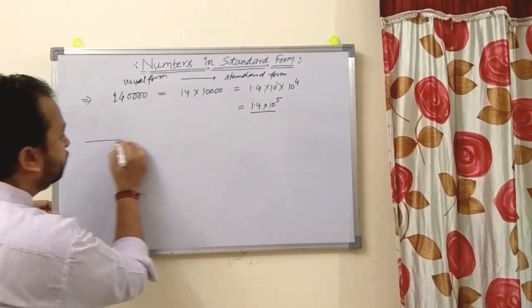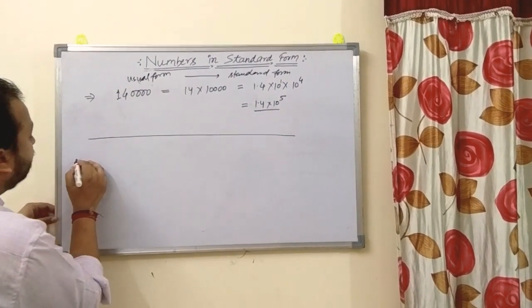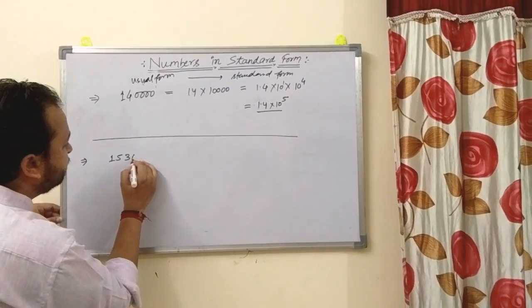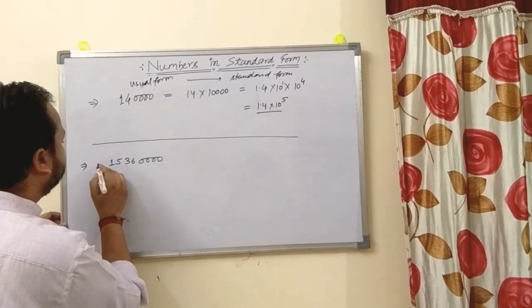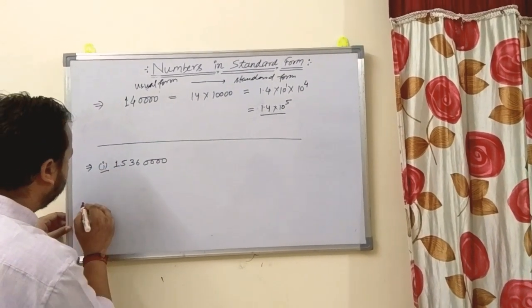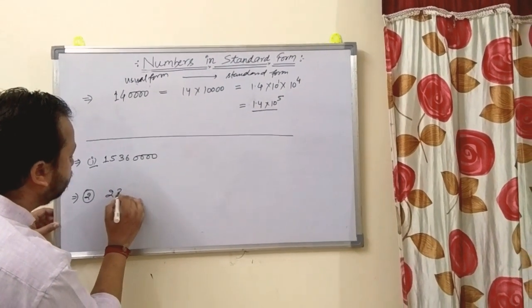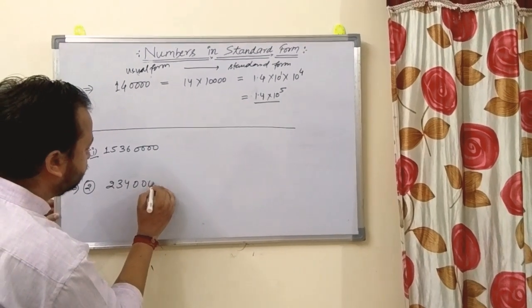So I am giving you the question, solve it. If it is written as 15360000, right? First question. Second is 234000.